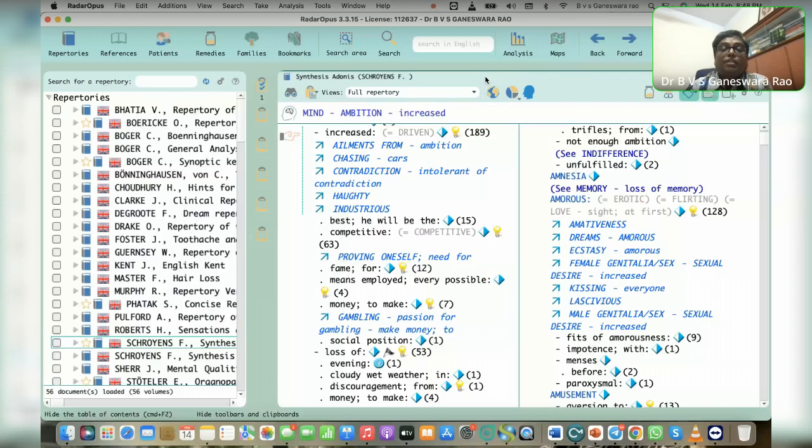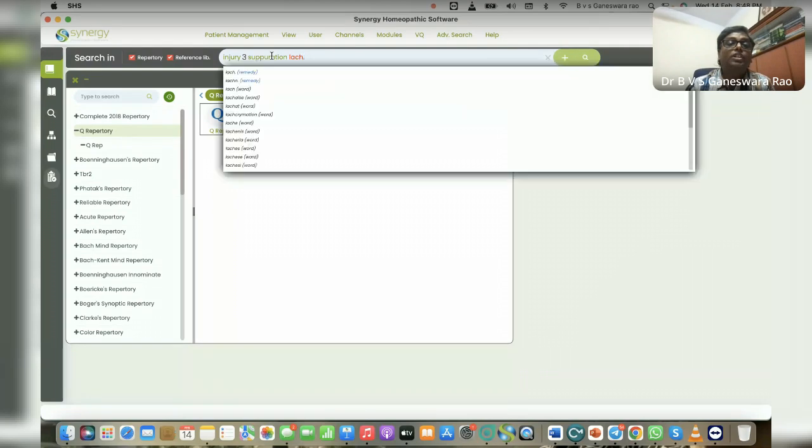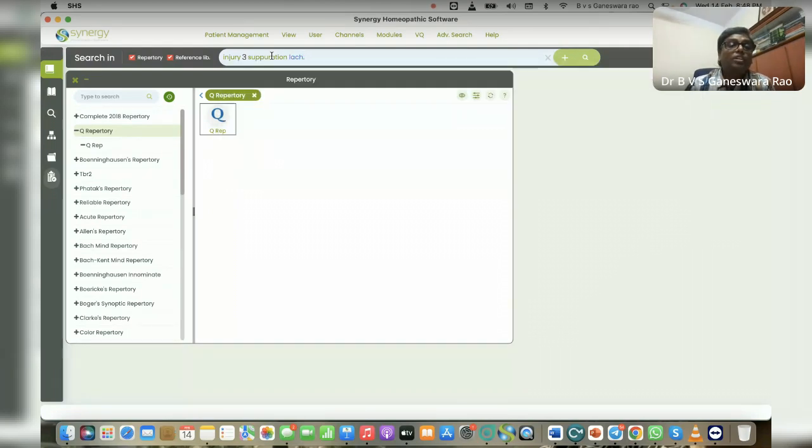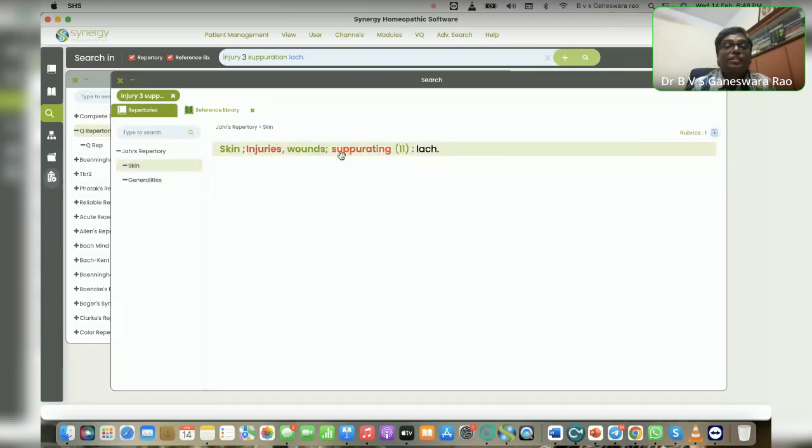I searched whether the injury or suppression had anything to do with lachesis or not. See, injuries won't separate. We have lachesis here.